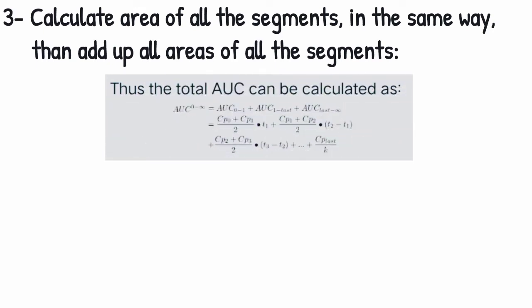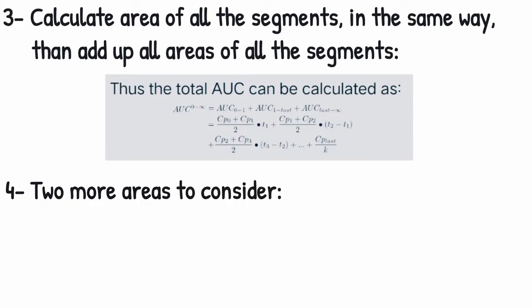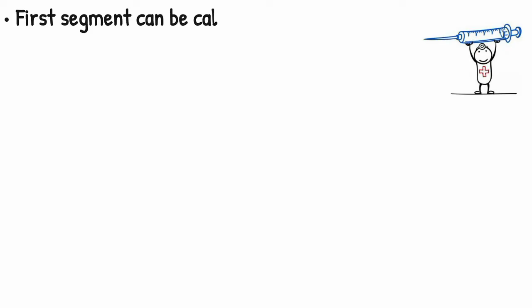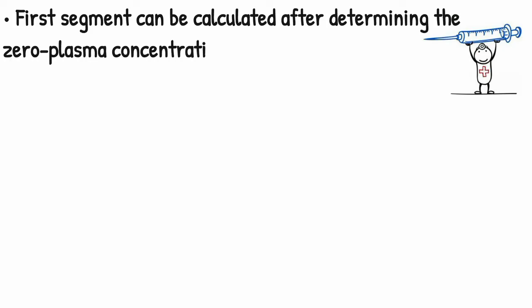In step 4, to finish this calculation, we have two more areas to consider: the area of the first and the last segments. After a rapid IV bolus drug administration with a one-compartment model, the first segment can be calculated after determining the zero-time plasma concentration, or Cp0, by extrapolation.